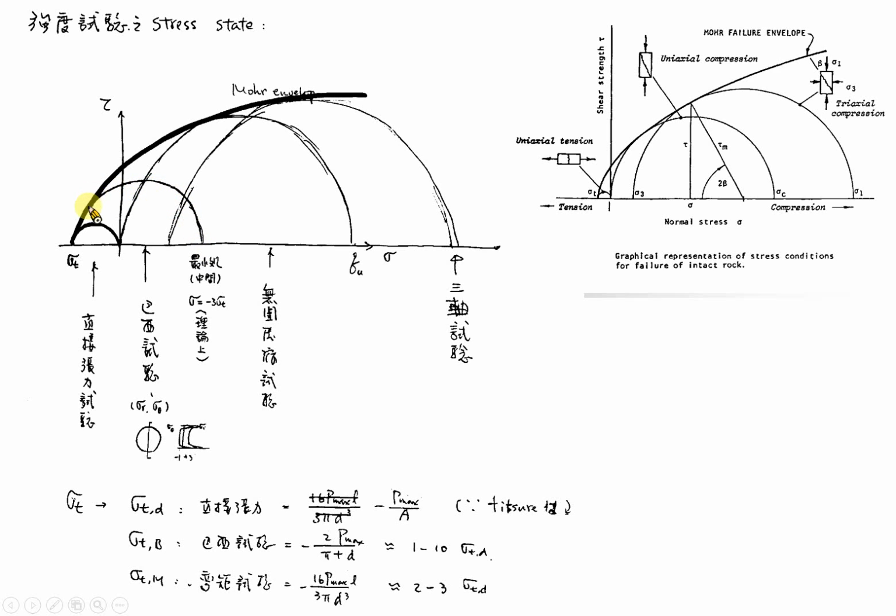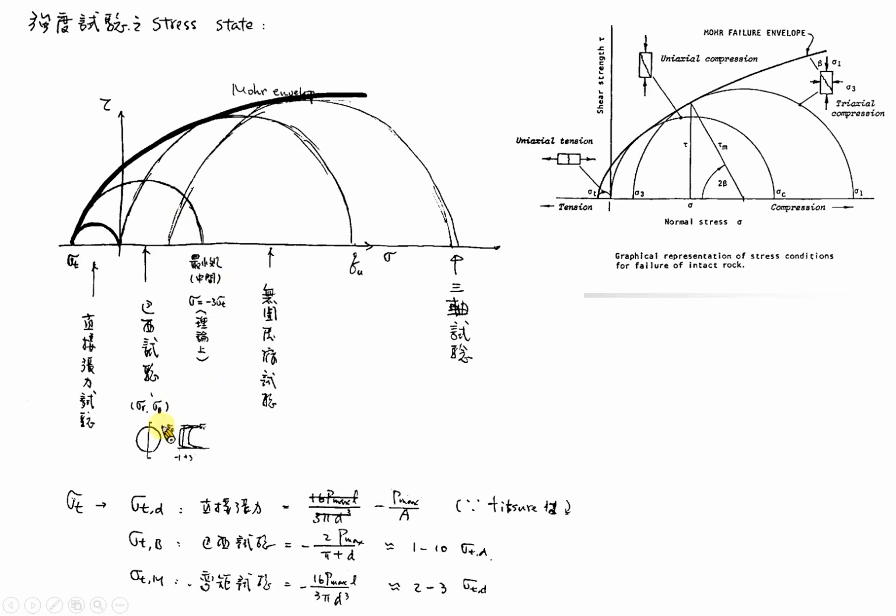Okay, I'm adding one more circle here. Does somebody know what the stress condition is for this Mohr circle? We have the direct tension test here. We have the uniaxial compression test here. Here is the Mohr circle of the Brazilian test.